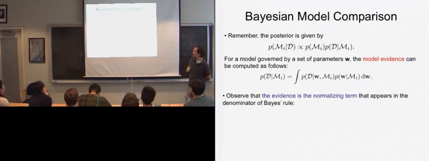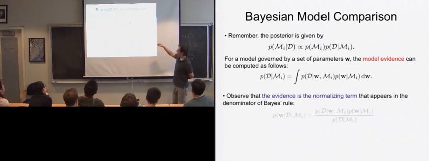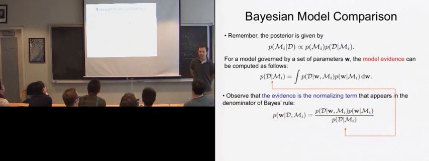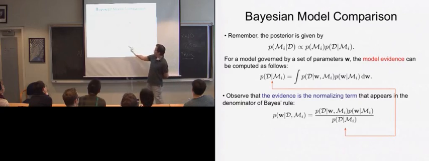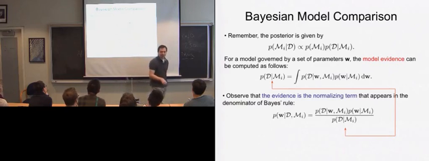So here we have to integrate over the parameters. One key thing is that the evidence is essentially a normalizing term that appears in our Bayes rule when we compute the posterior probability. The denominator is the evidence, the marginal likelihood. And that's the marginal likelihood that sits in here when we want to compute the posterior distribution of parameters.